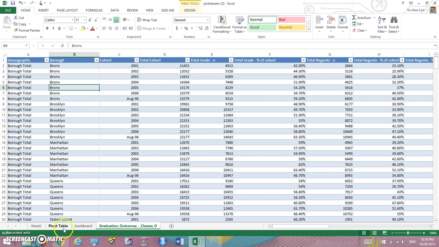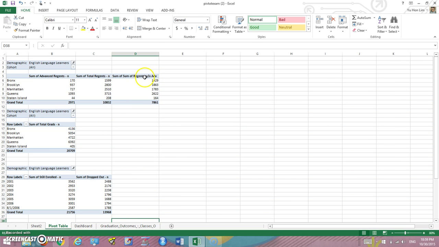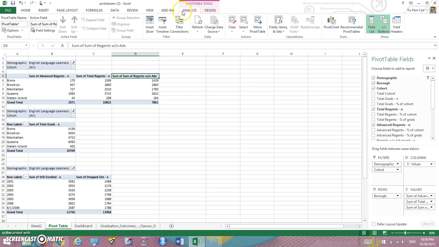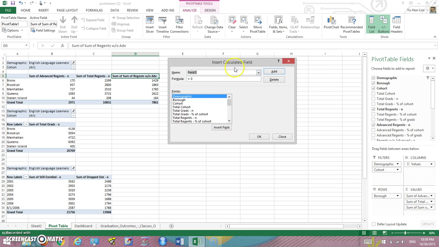And I would like to talk about the pivot table here. I created this field by using the calculation field here. I created my own function because I would like to calculate the number of students who take the regular Regents.